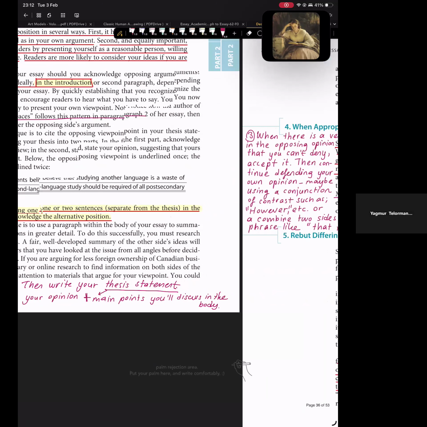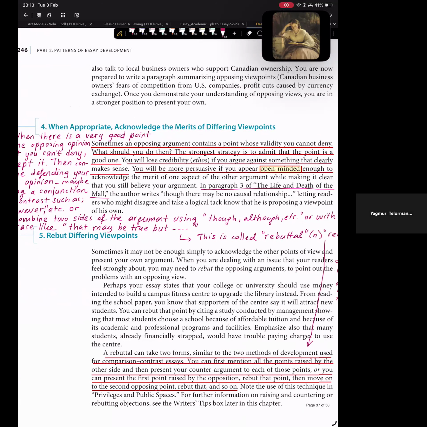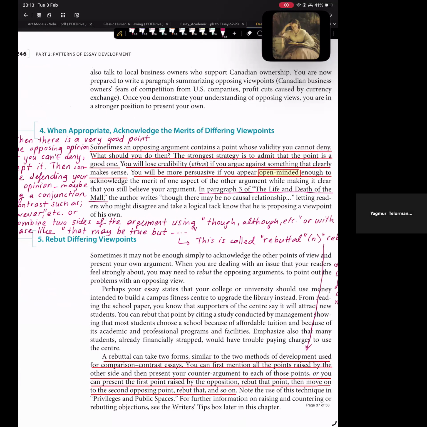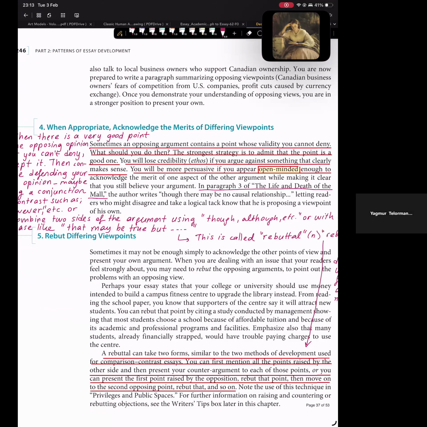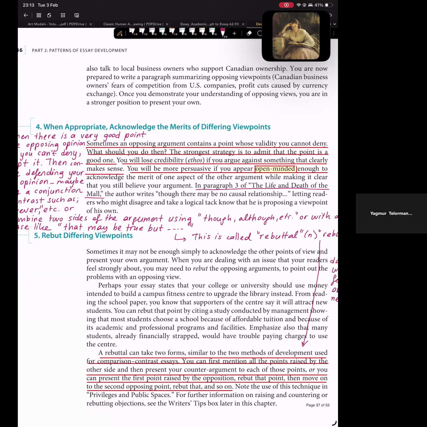Okay, and three, while writing our essay, sometimes an opposing argument may have a point, a very good point that you can't deny. The best strategy then is to accept it, all right? Admit that it is a good point, all right? You may lose credibility if you argue against something that clearly makes sense, all right?